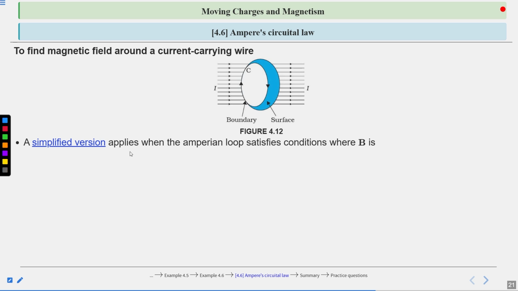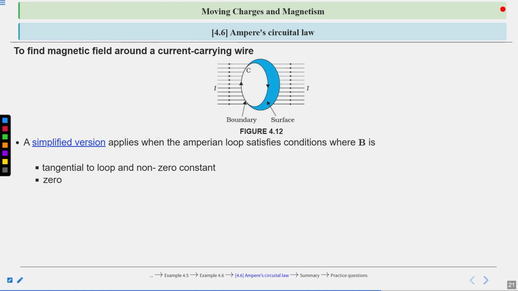So a simplified version applies when the Amperian loop satisfies the condition where B is tangential to the loop and non-zero constant. So at each point of this loop, B is tangential to the loop, and non-zero constant, or it can be normal to the loop, or it can be zero.